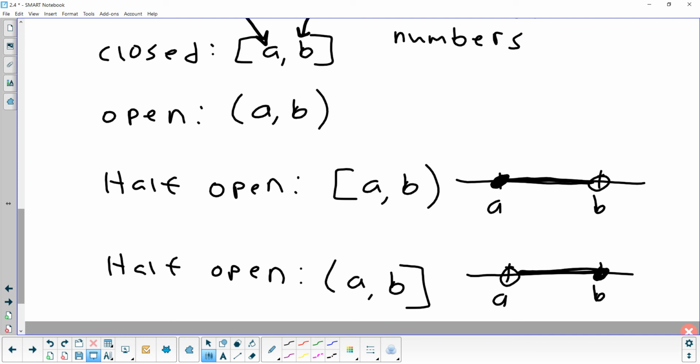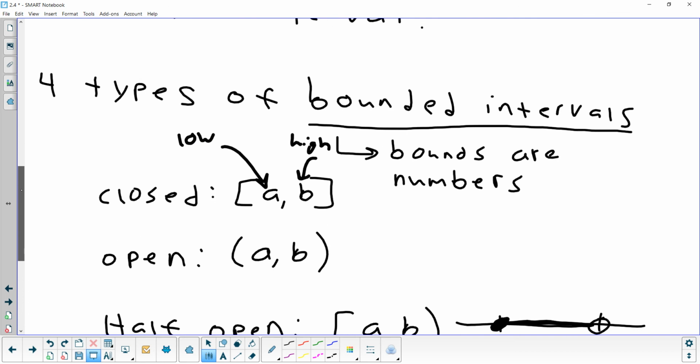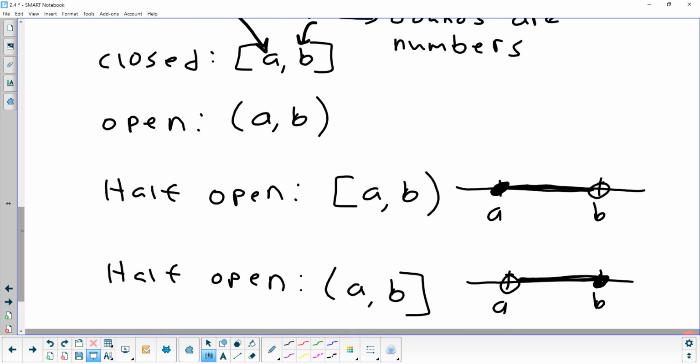Any questions on the 4 types of bounded intervals? Okay, so bounded means you always end up shading between.